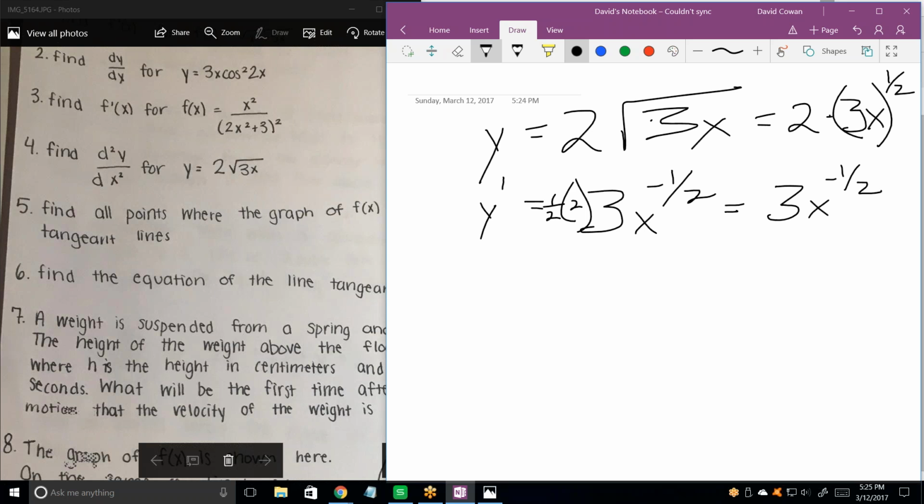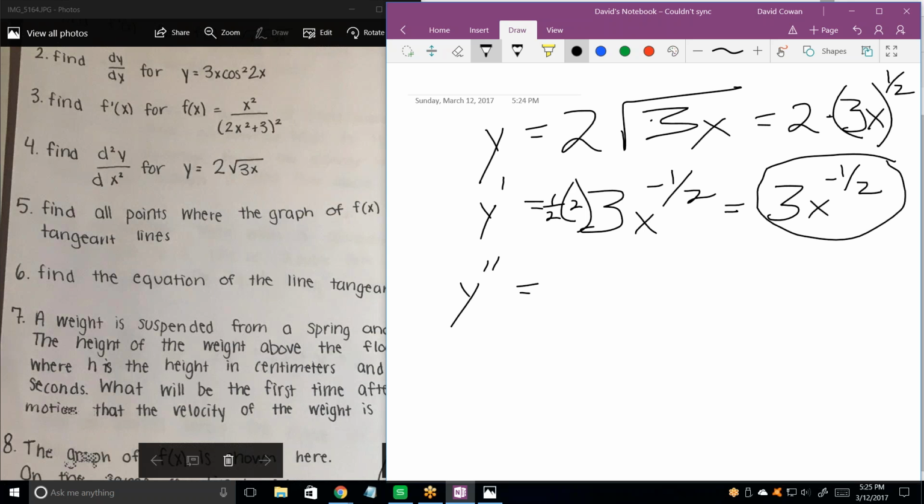Now, since we want the second derivative, then we certainly don't want to be messing with that by putting it in the denominator and putting a radical sign over it. Not yet, at least. Because then you'd have to transform it back into the way it looks now in order to find the derivative of it. So just start with this and find its derivative.